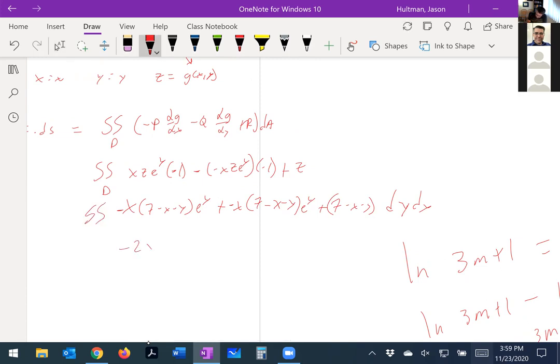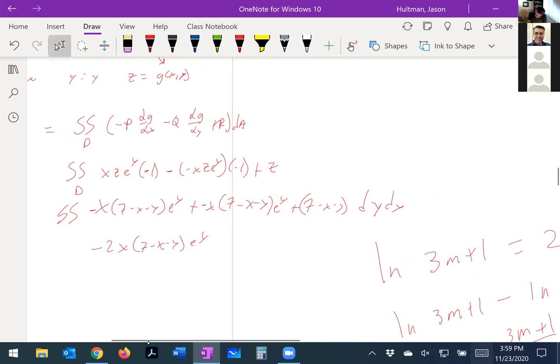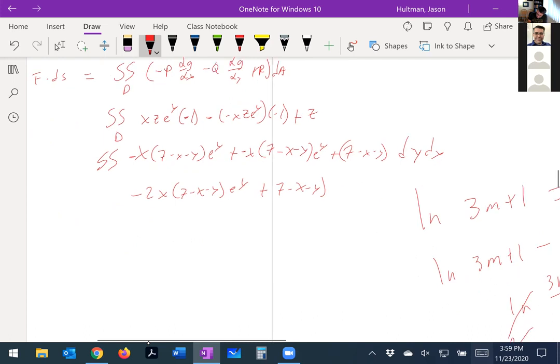Okay, so this is negative 2x (7 minus x minus y) e to the y plus 7 minus x minus y. Maybe I'll factor that. So this is (7 minus x minus y) times (negative 2x e to the y plus 1).